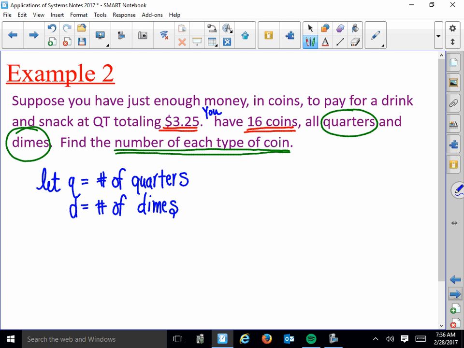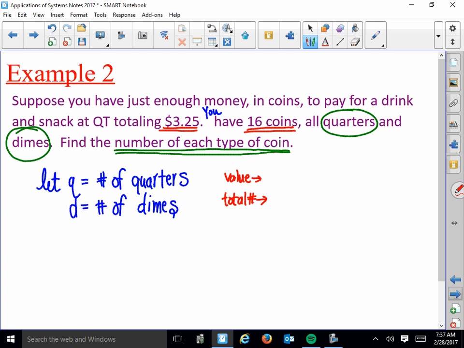All right. So now I'm going to go ahead and set up my equations. One thing I notice is that I have 16 coins, and they're all quarters and dimes. So again, one equation is going to have to do with value, and the other is just with the total number of coins.